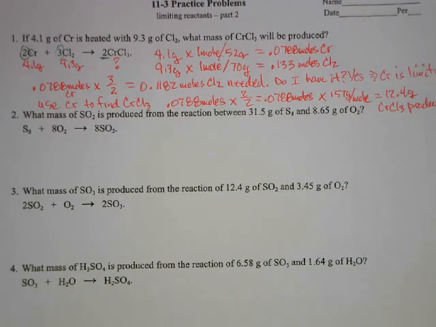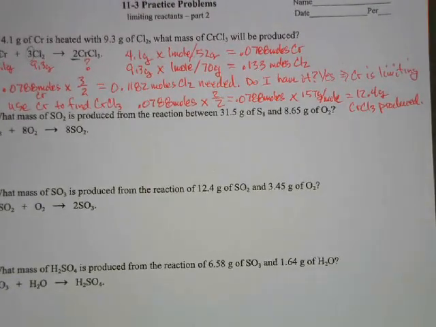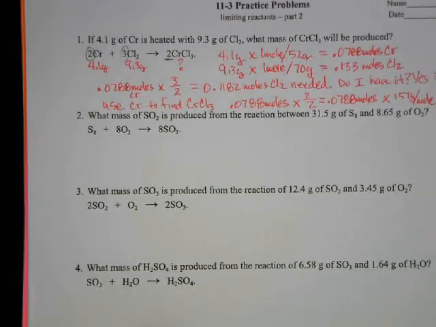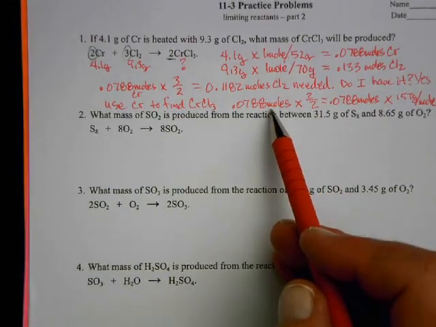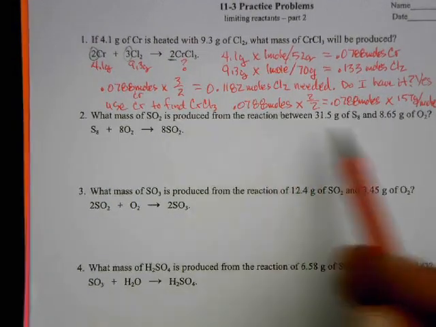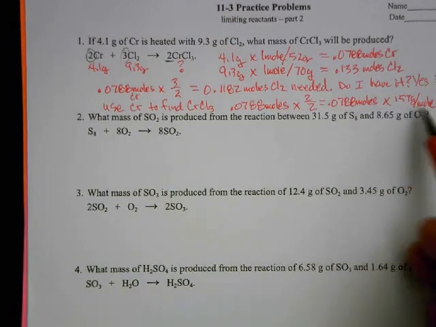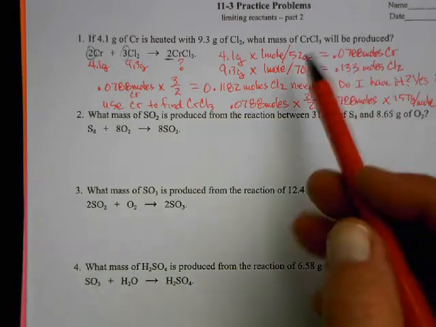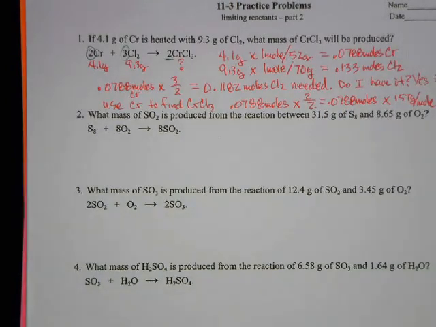So that's how much we're going to produce. Yes. This 12.4 here. This, 157. That's taking the Cr and adding 3 Cls to it.